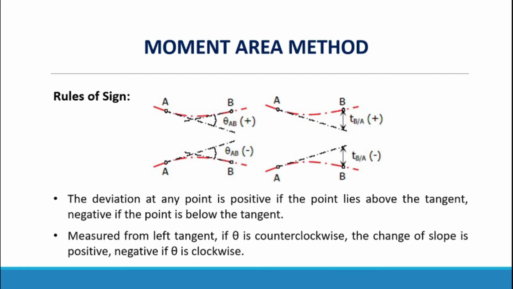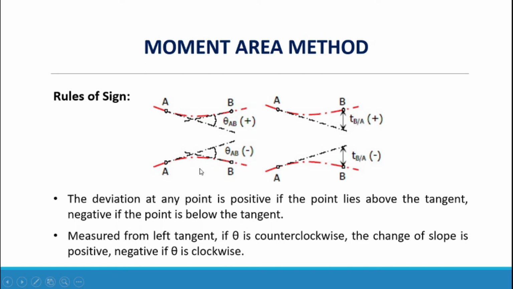And for the rules of sign, the tangent line at A intersects the tangent line at B. From A to B, we form theta AB, and the sign is positive if it is counterclockwise. When going from A up to the tangent at B, we can form an angle theta AB whose direction, in this diagram, is clockwise, so the sign is negative.